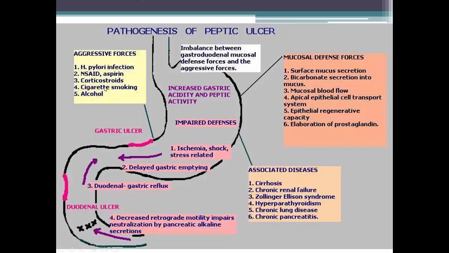So again, the main pathophysiology is H. pylori, followed by NSAIDs or any prostaglandin inhibitors. Corticosteroids could do that. Cigarette smoking and alcohol. It's basically an imbalance between the gastroduodenal mucosa and the defensive forces. Remember, prostaglandin is a defensive mechanism. So if you block that, patients would have an erosion.